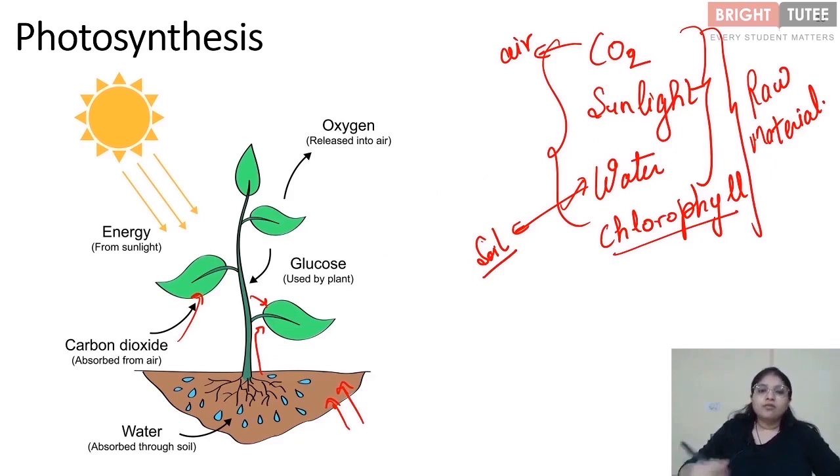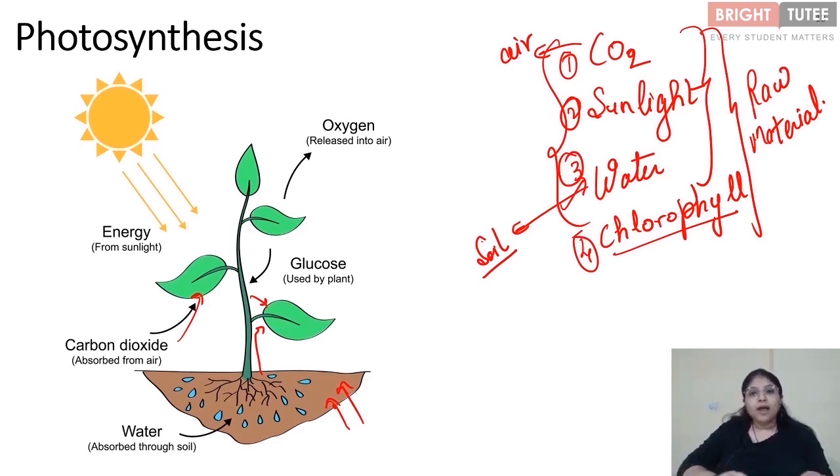All of these materials absorbed by the root are transported to the leaves, and carbon dioxide is taken up from the air. Right, students? So these are the raw materials needed by the leaves for the synthesis of food.